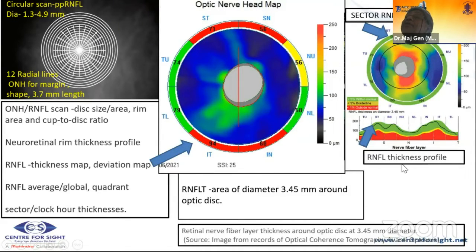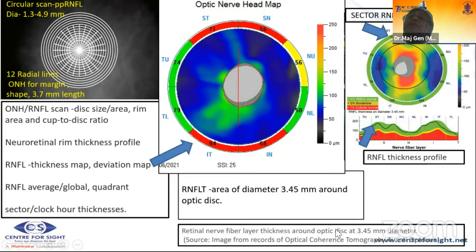The retinal nerve fiber layer thickness profile is extremely important. It is compared to the normative data: green is normal, yellow is borderline, and red is shown in less than 1% of the normal population. When we trace the retinal nerve fiber layer profile, we find it's all in green, and therefore this is a normal nerve.